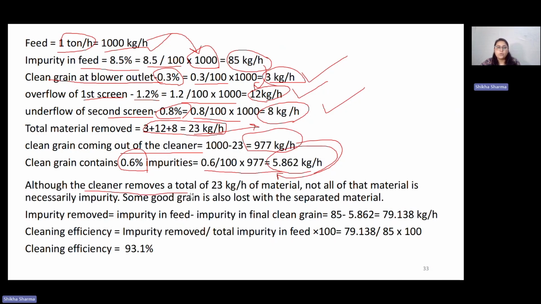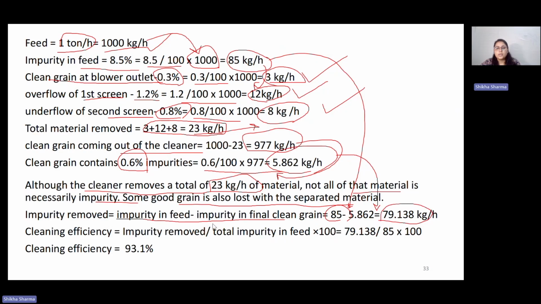Although the cleaner removes a total of 23 kg per hour of material, not all of that material is impurity. Some good grain is also lost with the separated material. So the impurity removed is the impurity in the feed minus the impurity in the final clean grain: 85 minus 5.862, which equals 79.138 kg per hour.